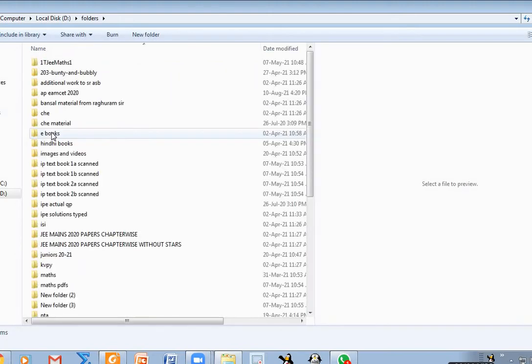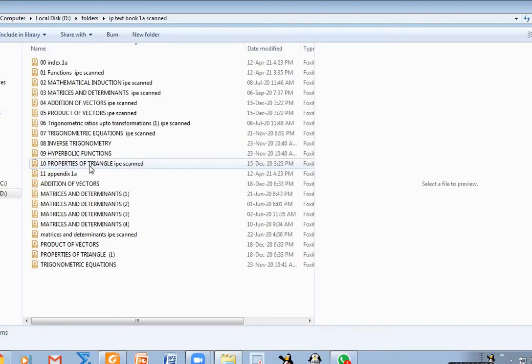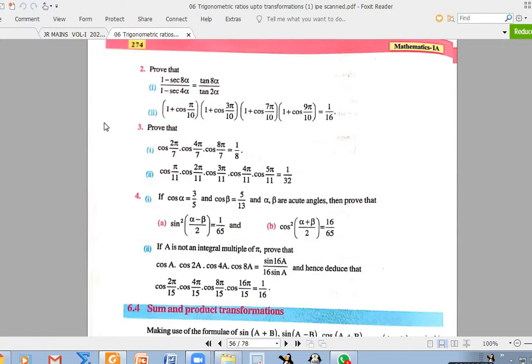Sir, one doubt. Yes, please. In cos(x minus y) minus cos(x plus y), that is 2 sin x sin y. Yes, sir, but you wrote minus 2 sin x sin y. Oh, it is plus only. Then it is plus 2. Thank you. This is plus only.